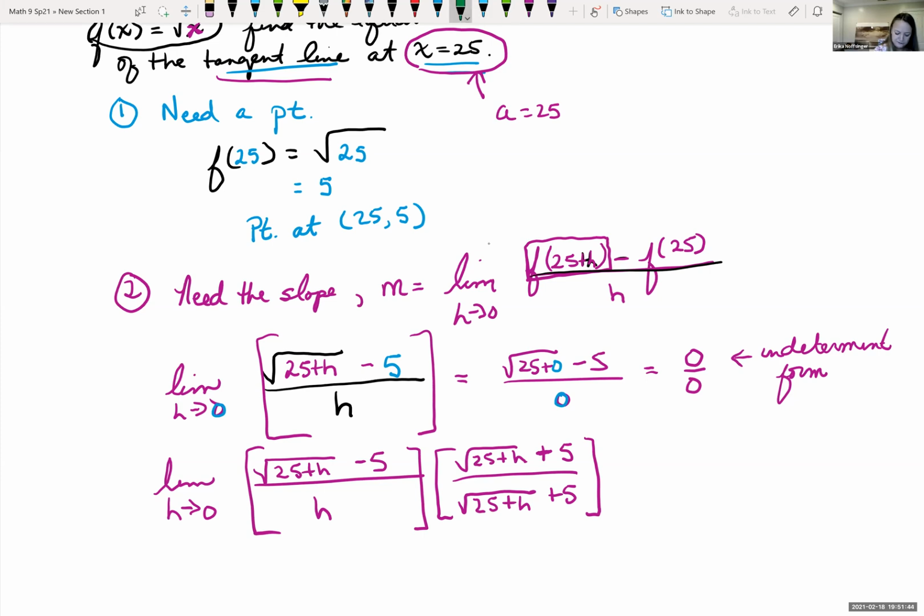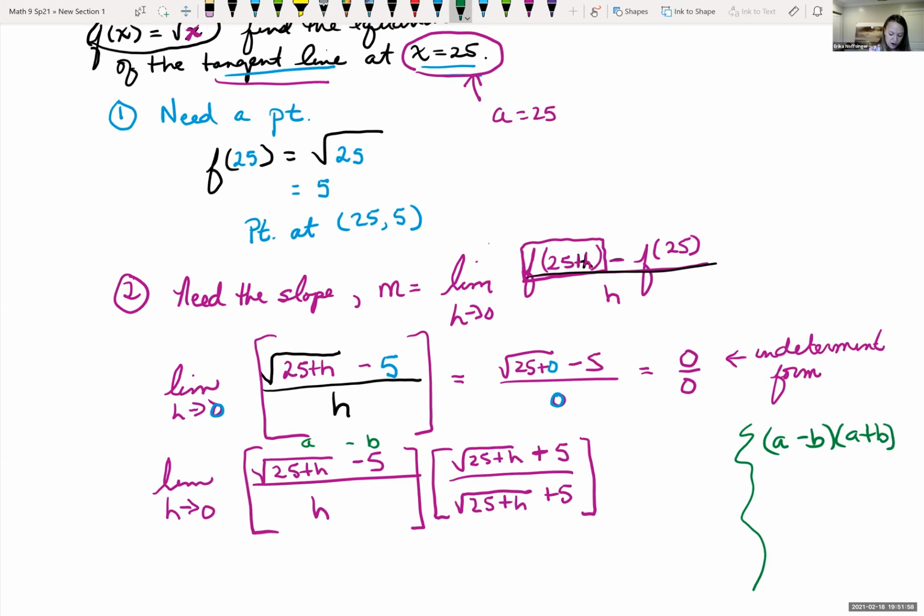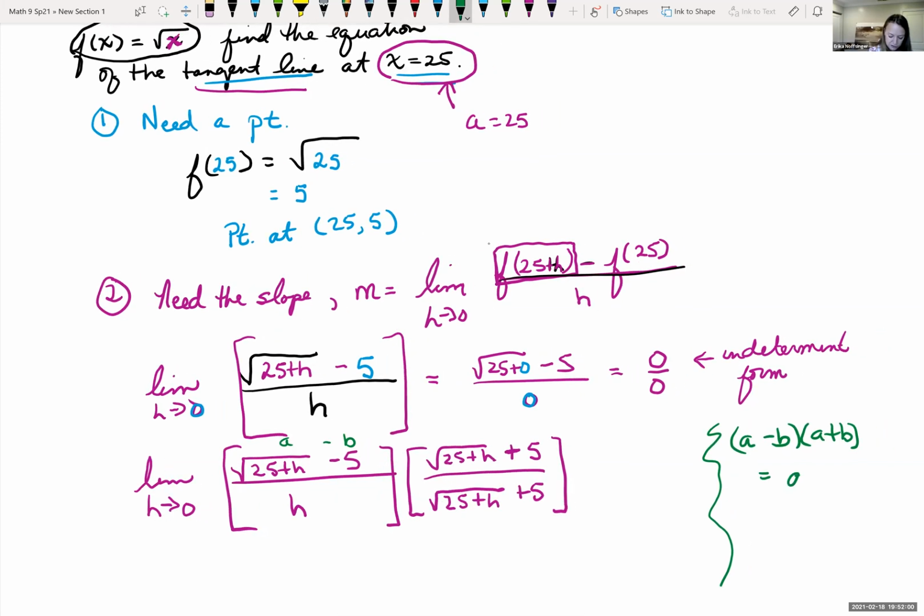We're going to use the fact that we just wrote something in the form of a minus b, times a plus b. Instead of having to FOIL all that out, recall that is just the difference of squares, a squared minus b squared. So let's use that fact.